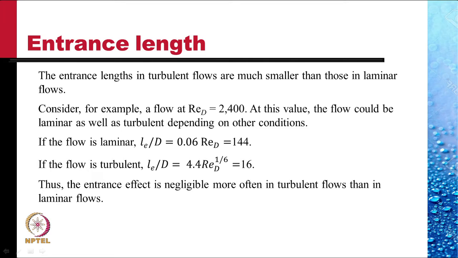Thus, the entrance effect is negligible more often in turbulent flows than in laminar flows. But as you remember, most commercial flows are turbulent, so the entrance effect can be neglected in many situations.